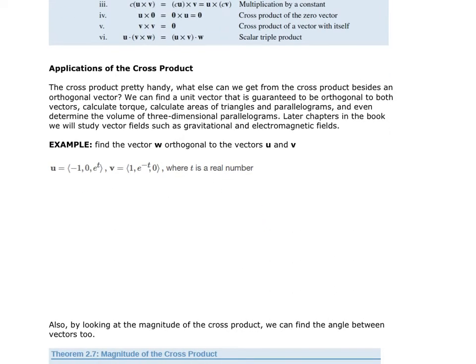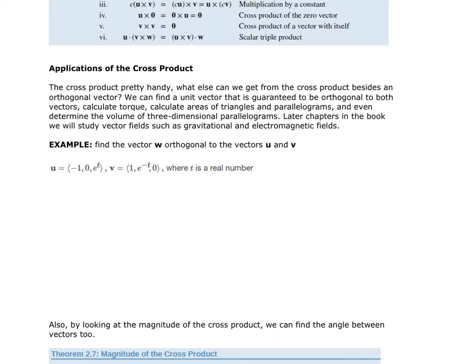With our cross product, we can find all kinds of stuff. We can calculate torque, we can find areas of triangles, areas of parallelograms, we can even find the volume of three-dimensional parallelograms. Later in this book, maybe in Calc 4, we will study vector fields such as gravitational and electromagnetic fields.